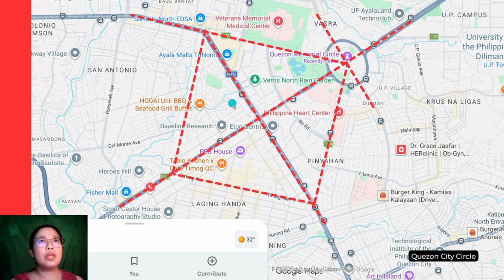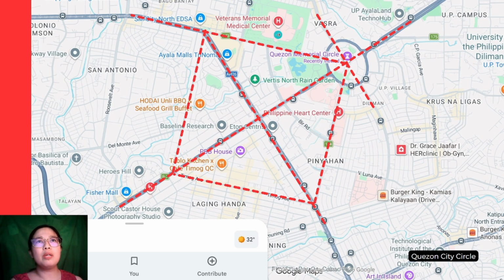Okay? And then, from here, makikita natin there are other axes. May mga axis tayo dito, okay? So, nag-intersect sila with one another, which divides this particular area into 4 quadrants.